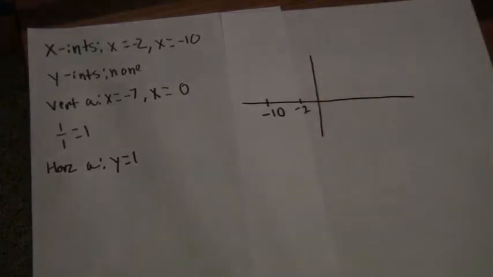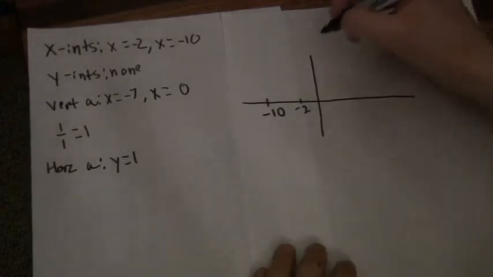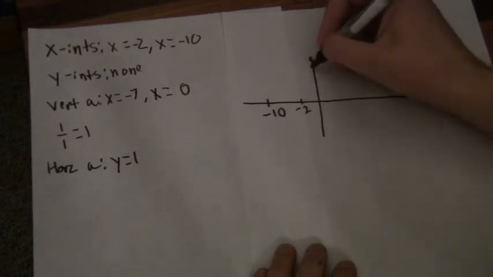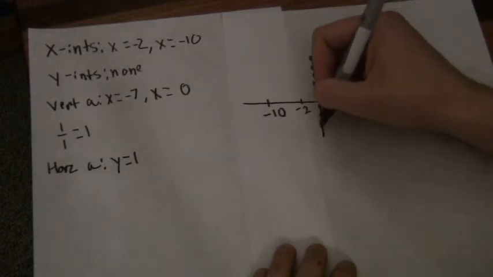Now, the asymptotes are represented by little dotted lines. And we've got 2 vertical ones at 0. That's kind of hard to represent because there's already the y-axis there. We're just going to do as close as we can.